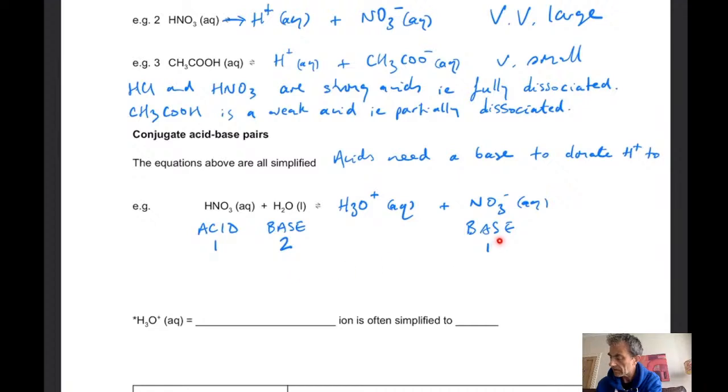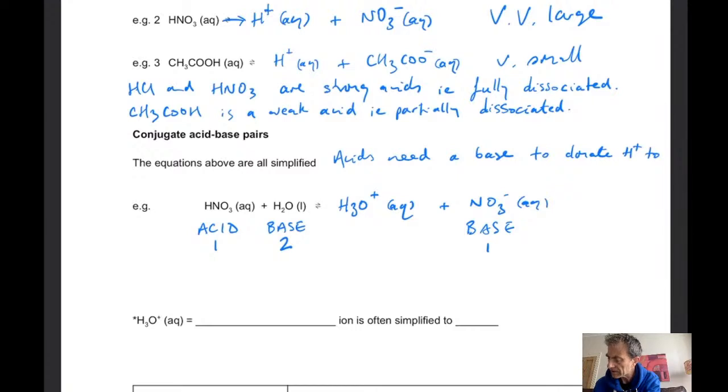They belong to the same pair. This is an acid because it donates a proton. This is a base because it accepts a proton. When I first do this in class, you can see a few confused faces in the room. I hope this is not too confusing. It actually gets easier the more examples you look at, and that's why on the next page I've got lots of examples we can try. Okay, we'll just finish this bit off.